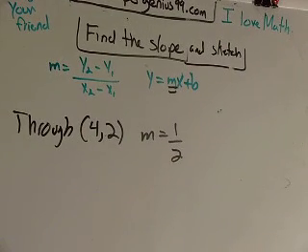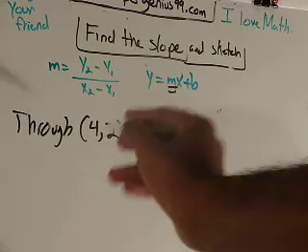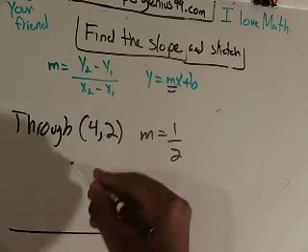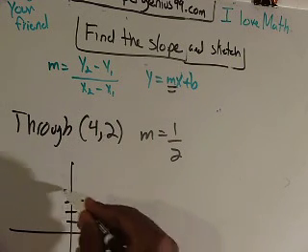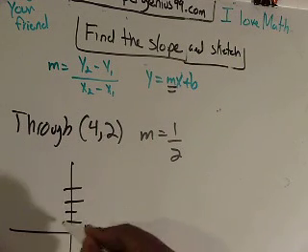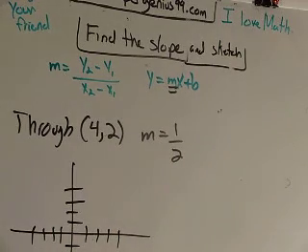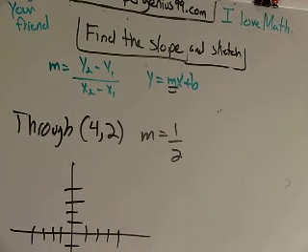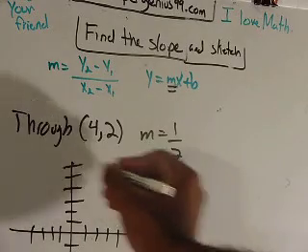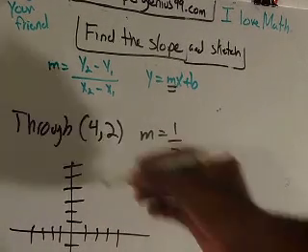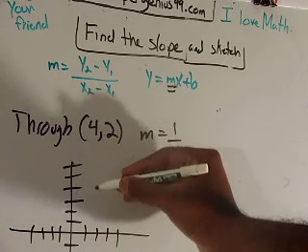What are we going to do there? Well, we already have a point on the line. One point on the line is 4, 2. So I'm just going to plot that point, 4, 2.